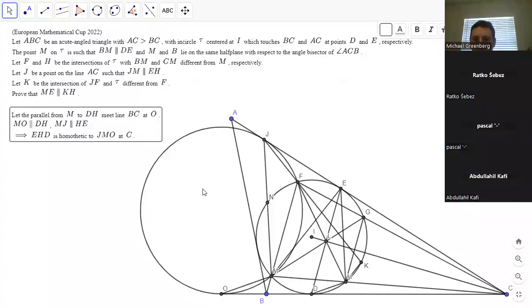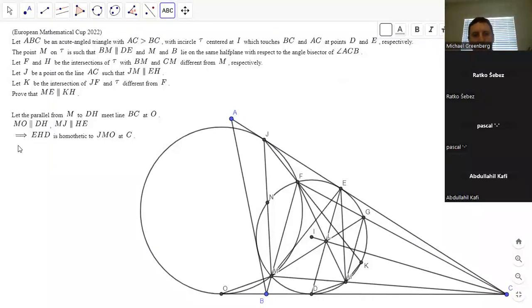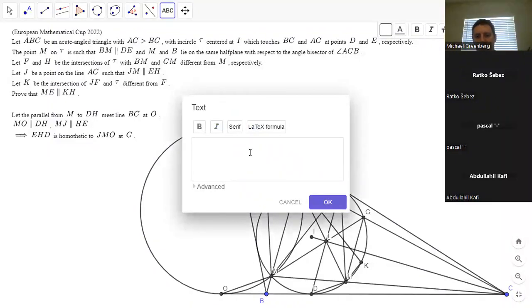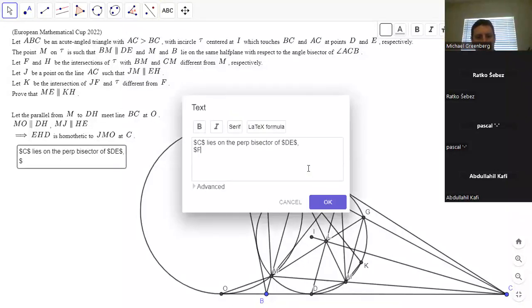So CD, C lies on the perp bisector BE, so it lies on the perp bisector FM. So by symmetry, C, G, and E, F are linear. So C lies on the perp of BE, and FM is parallel to GH, is parallel to BE.